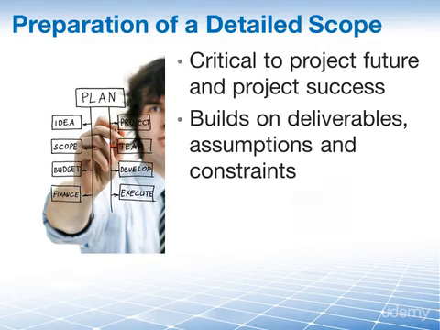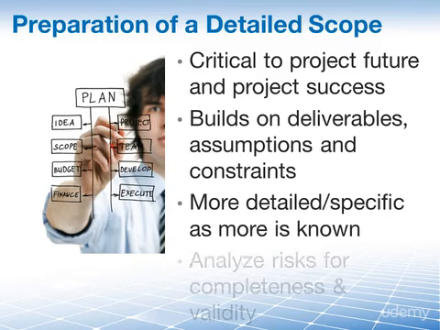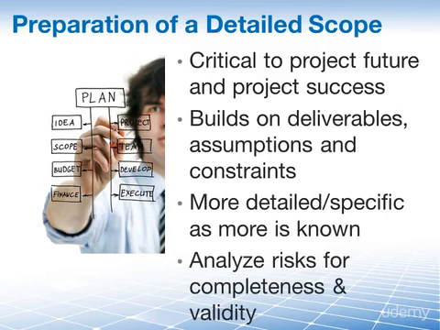During the planning of the project, you define and describe the scope, and you're getting more and more detailed and specific as more and more information about the project is getting known and is being established. Developing and documenting your detailed project scope statement also exposes additional risks, assumptions, and constraints which are analyzed for completeness, validity, and added or updated as needed.